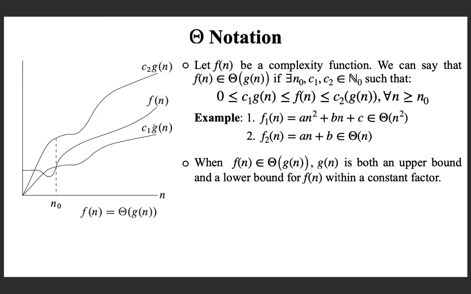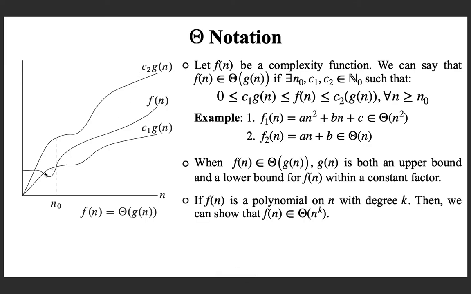That is, if you multiply g of n with c1, then for every value of n, this quantity will be less than or equal to this quantity. That is, it can act as a lower bound, and can also act as an upper bound as a factor of another constant. I hope you are getting me.